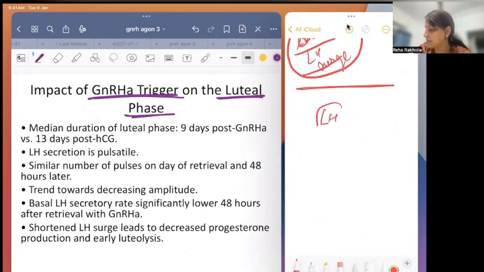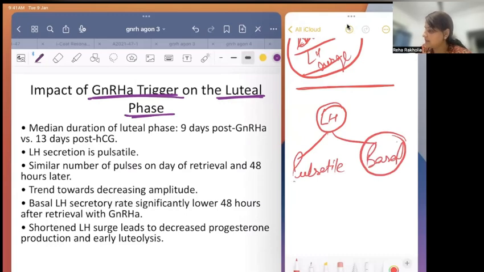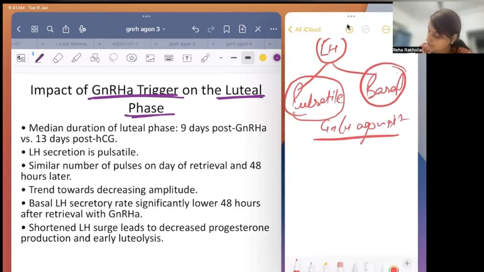LH has two types of release: it has a pulsatile release and it has a basal release. After giving GnRH agonist, we saw pulses on the day of retrieval and 48 hours later.